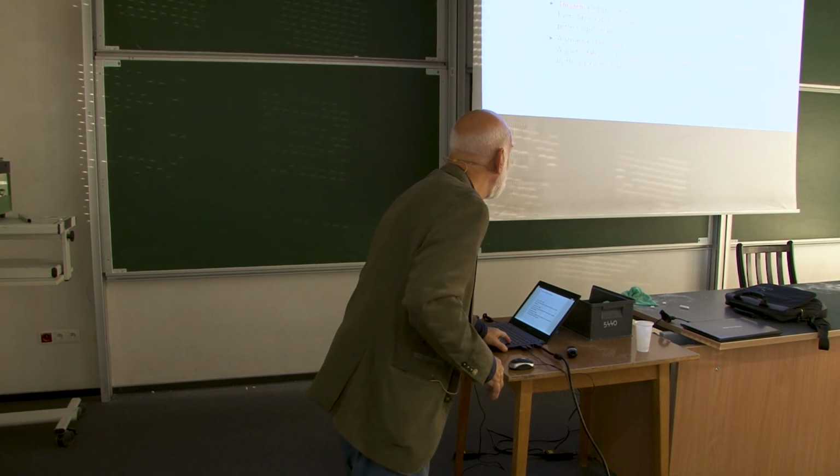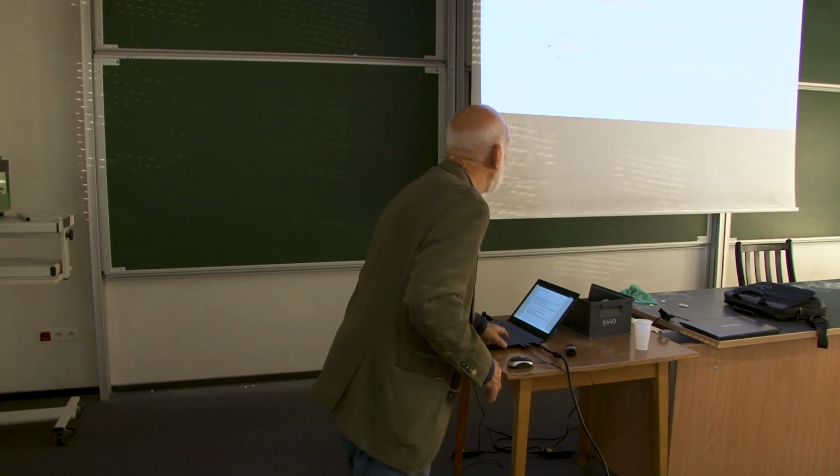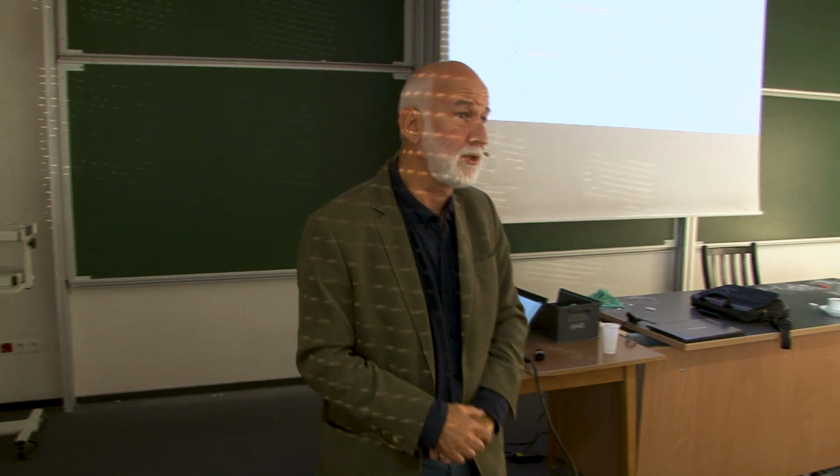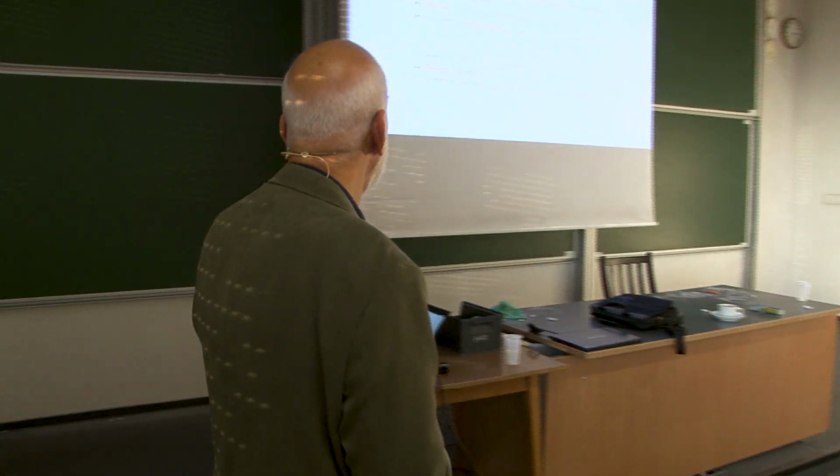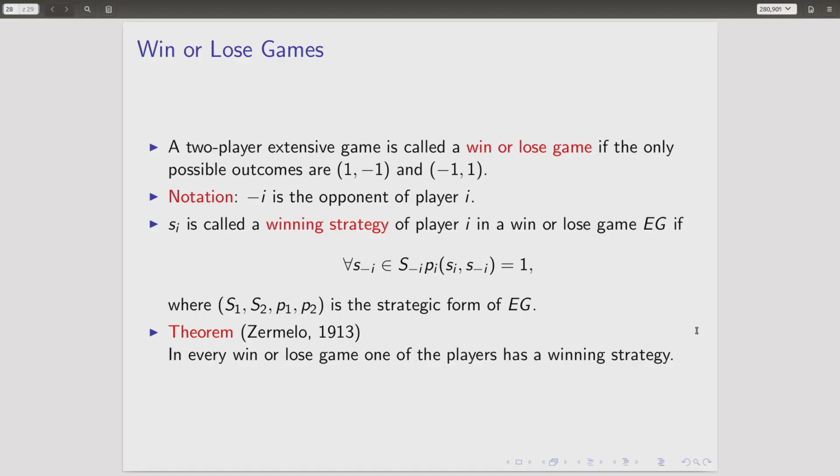Okay, so now the last part of this introductory remarks, win or lose games. These are special type of games, extensive games, where the only possible outcomes, you remember these were those payoffs at the leaves, are 1 and -1, that one person won, the other lost, like with this matching pennies.